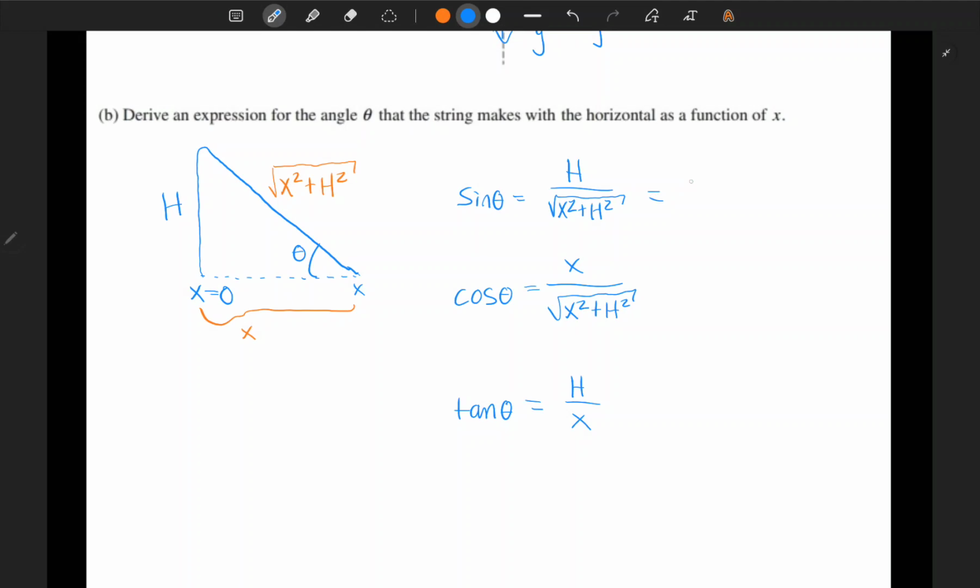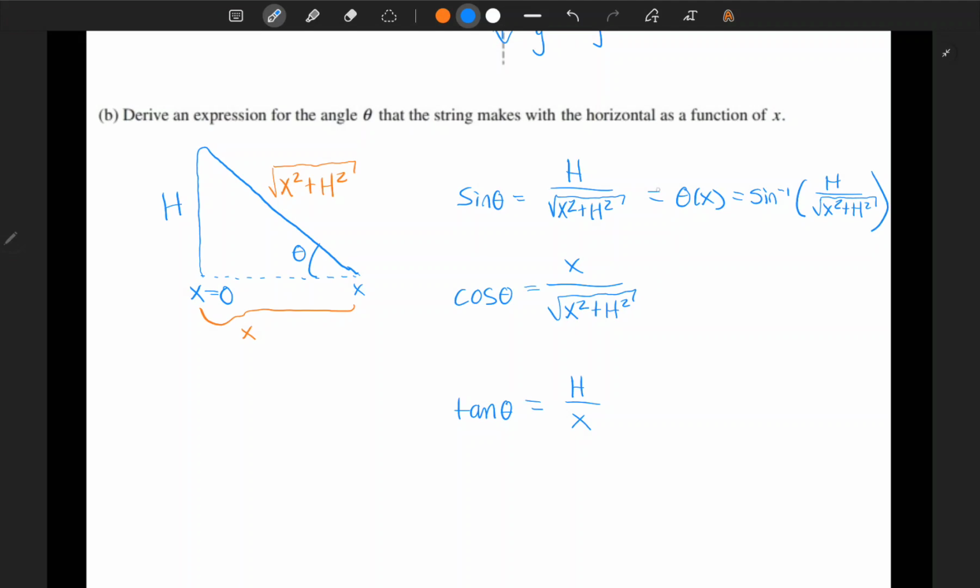for sine, the answer is theta of x, so theta is a function of x, is equal to arc sine, or sine inverse, of h divided by square root x squared plus h squared.